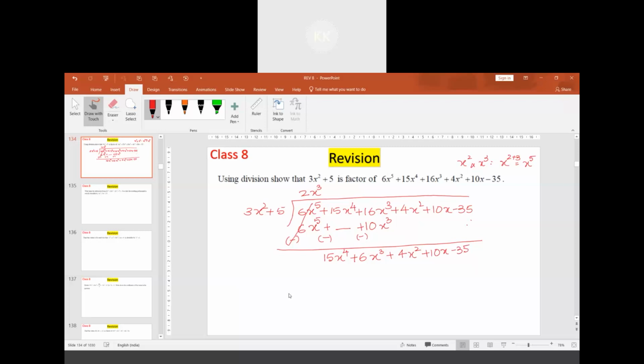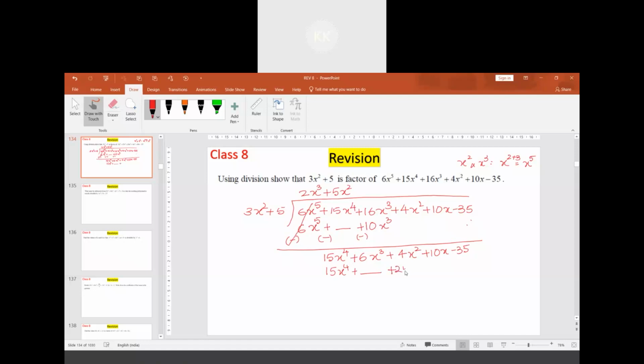Now what to multiply? We need to multiply by 5 so that 15 is obtained, and x square. So positive 5 along with that x square, so it becomes 15x to the power 4. When you multiply this 5x square with 5, we won't get a cube term, so this will be empty.